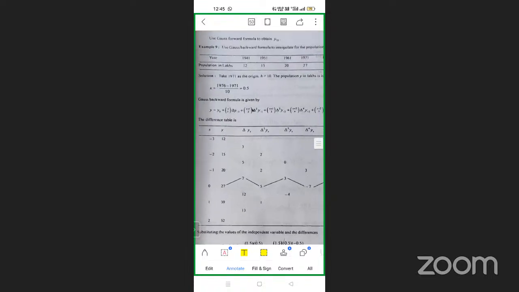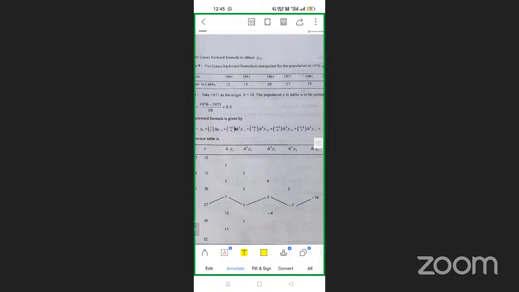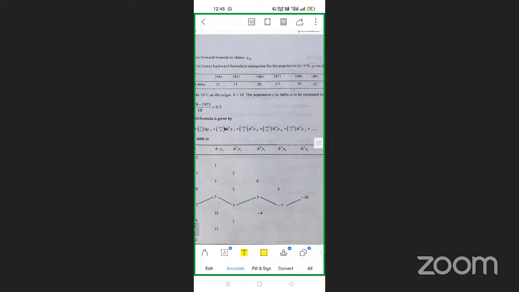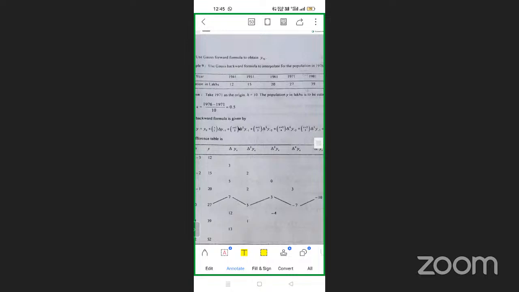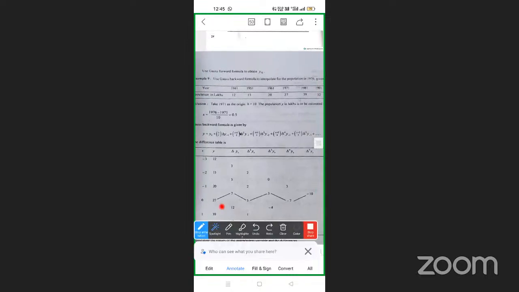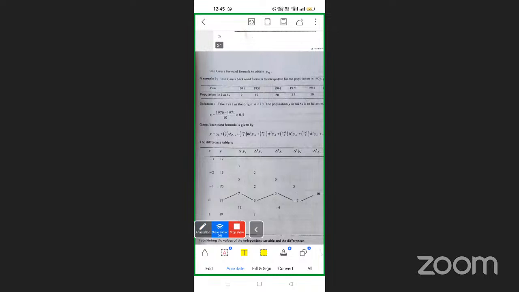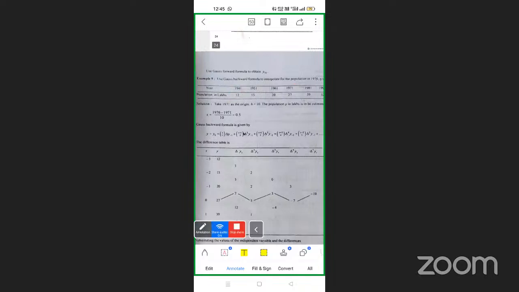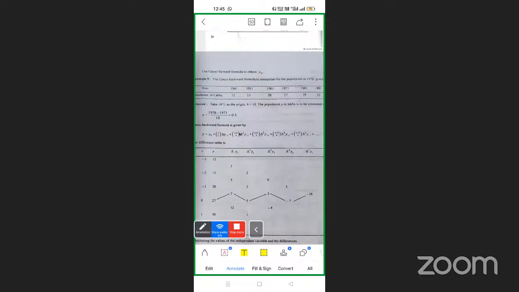Similarly, Gauss backward also. Use the Gauss formula to interpolate the population for 1976. The data is given as year versus population in lakhs, from 1941 to 1991, and the population in lakhs is 12, 15, 20, 27, 39, 52.